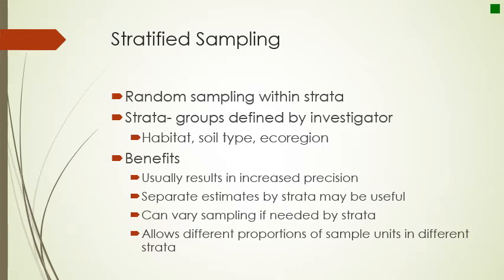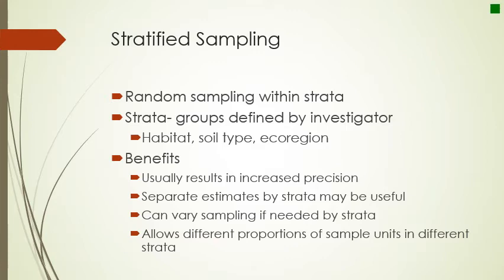Now you can also allocate your samples to your strata differently. So if you have two strata that are of equal area in your population, then you may decide to just sample each one of those equally.